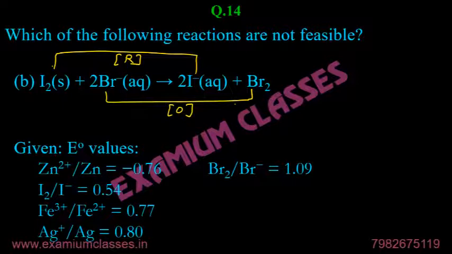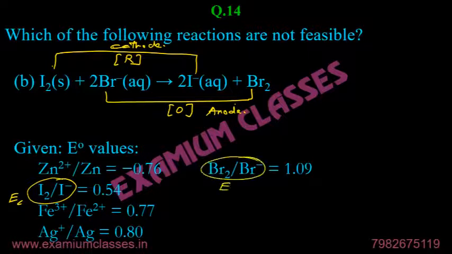So means reduction is the cathode, oxidation is the anode. And this one is cathode, this one is anode. Cathode minus anode.